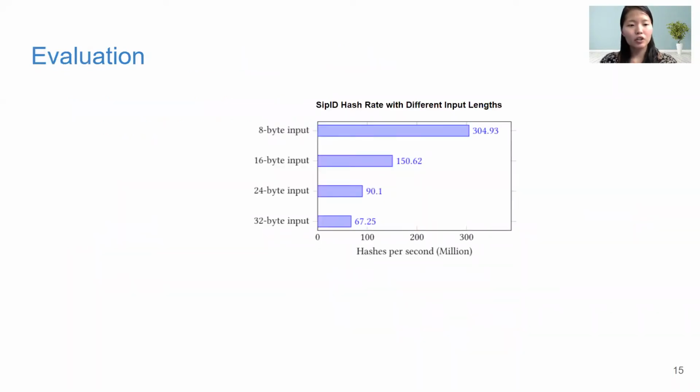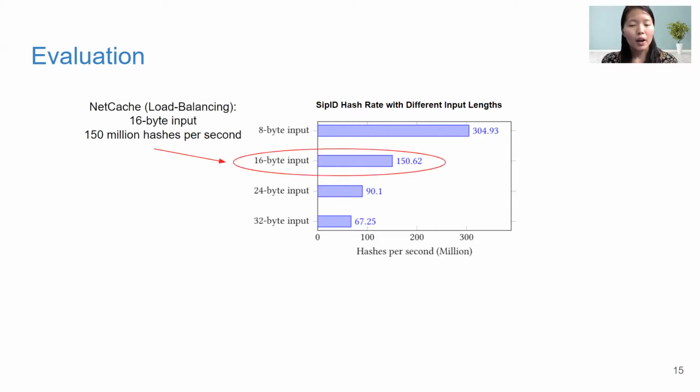So in terms of evaluation, we show here in this figure that we can perform over 300 million hashes per second for an 8-byte input. And we show also the results for 16-byte, 24-byte, and 32-byte input in terms of millions of hashes per second. We especially note that our 16-byte input performs 150 million hashes per second.